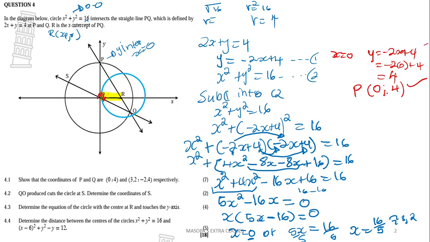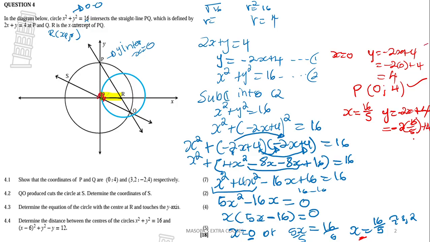Then from there, let's look for the y value of point Q, meaning that I have to substitute this x into the equation. So let's use this one as well. Now I'm substituting x equal to 16 over 5 into y equals negative 2x plus 4, for which y, what we are looking for, equals negative 2 multiplied by 16 over 5 plus 4.